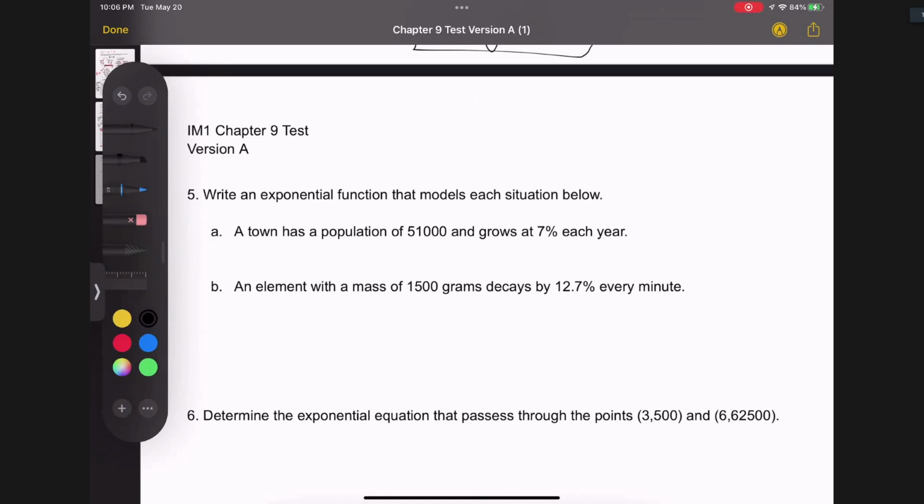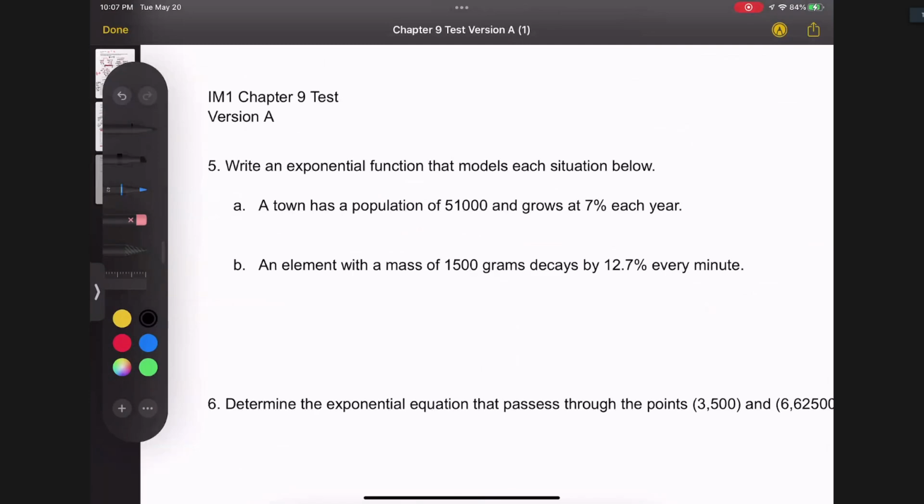Thought I took a copy. Oh, I guess I didn't. I think it was writing an exponential equation from a situation, exponential functions from a situation. I think that's the title. I forgot. But yeah, it's a situation. Again, I suggest that you write it down.